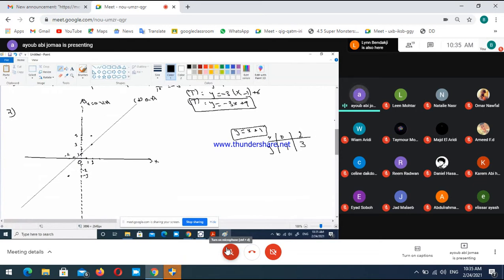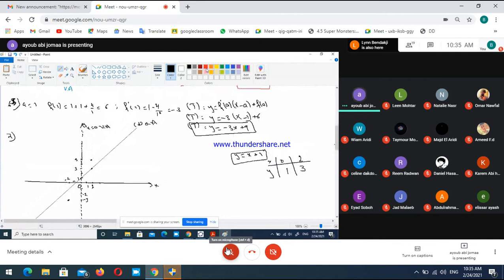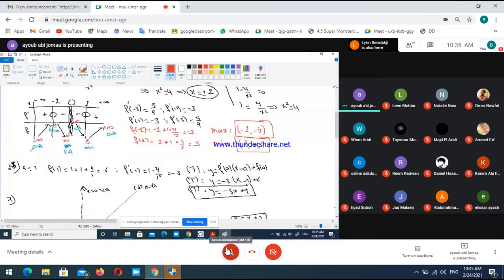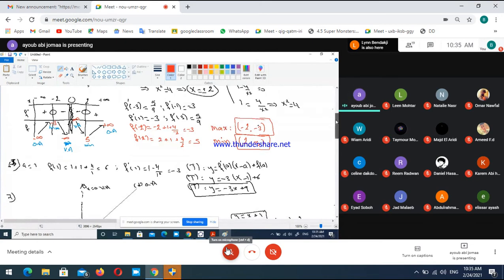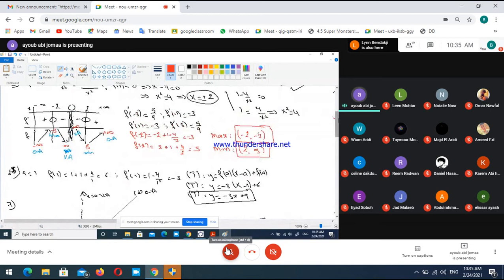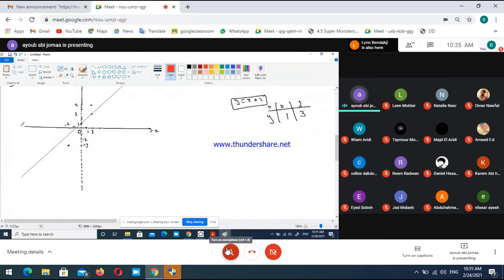Now, for the graph, how do I draw it using this table? The first part of the graph starts from the oblique. From the oblique to the maximum and then decreases to the vertical. Okay? So from negative infinity with the oblique asymptote, when x is negative infinity, y is negative infinity.